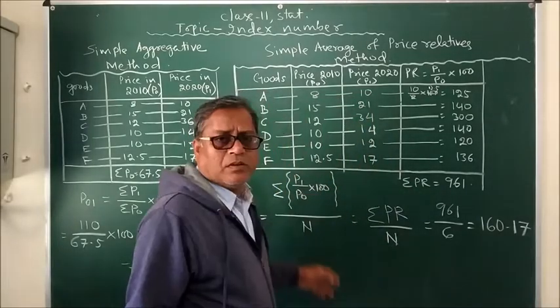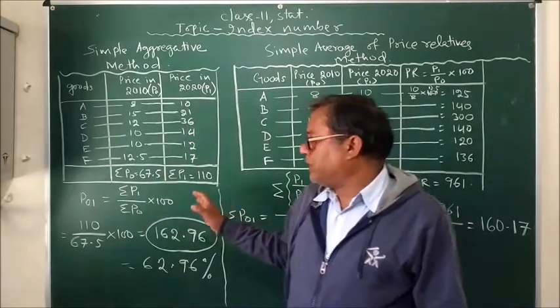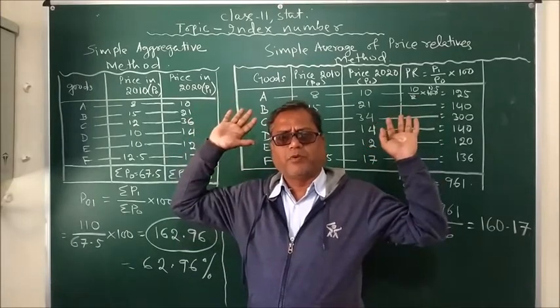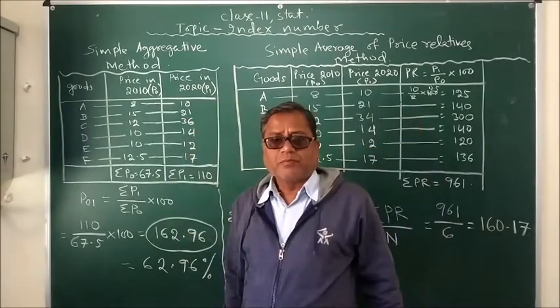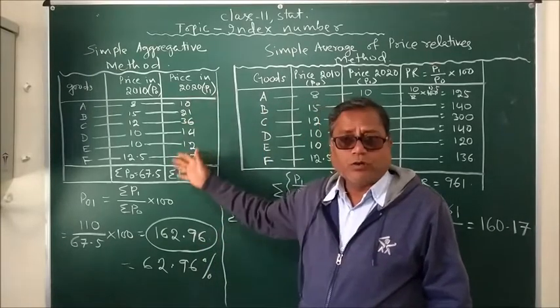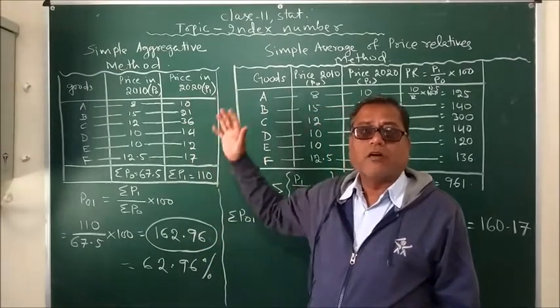So the actual method used, whatever the purpose, is something different. It's a different problem we have already discussed. But if we have to construct an index number, how do we use the formula and how is it done?